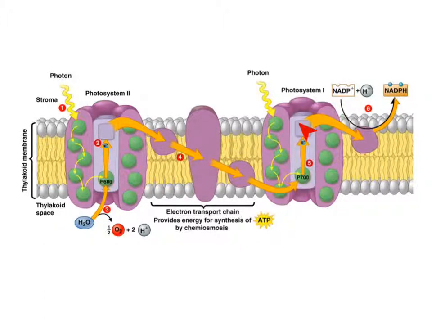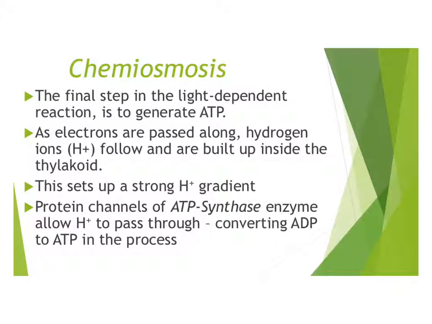It's going to boost again, and it's going to be enough energy to convert NADP into NADPH, again carrying along a couple of electrons. Remember, photosystem 2 is first, and then photosystem 1. P680 first, then P700.